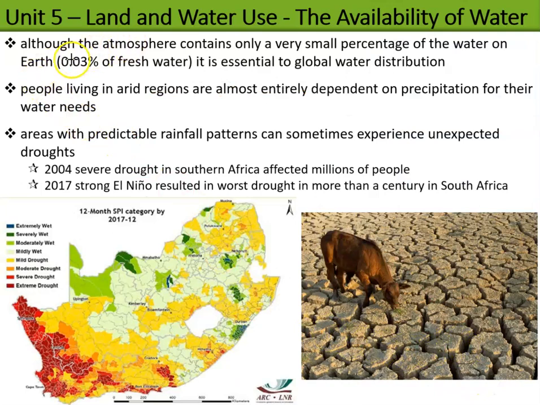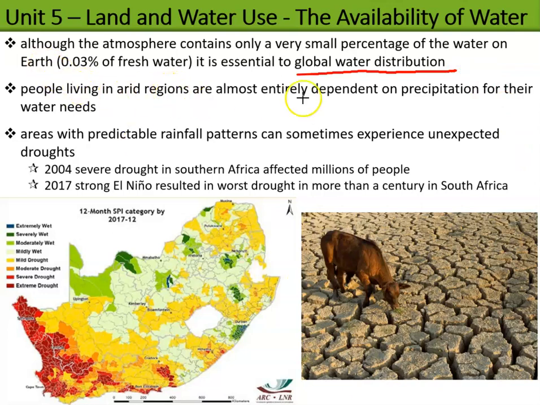Next we'll talk briefly about atmospheric water, so water vapor up in the atmosphere. Although the atmosphere contains only a very small percentage of all the fresh water on Earth, only 0.03% if you recall, it is essential for the global water distribution system and the water cycle. That's because this is where precipitation comes from, our rain and our snow.